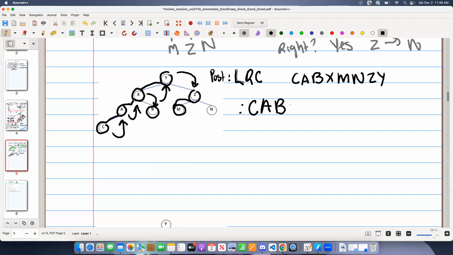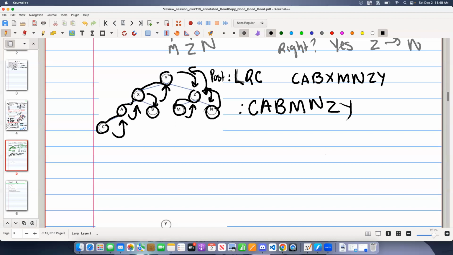No. So then we print out M. Now we go back up to Z. We already covered the left, so now we're at right. Is there a right node to Z? Yes. We go to N. Is there a left node to N? No. Is there a right node to N? No. So then you print out N, and then you travel back up to Z, and then you travel back up, read the center, and go to Y.